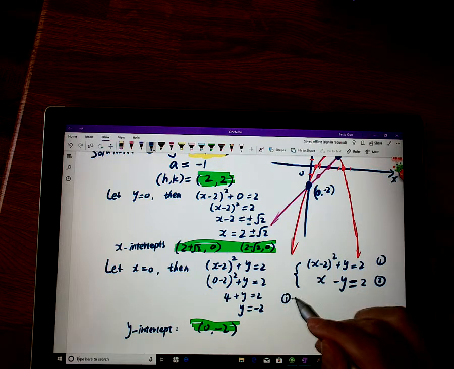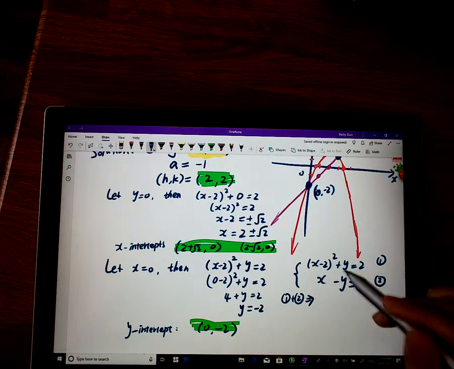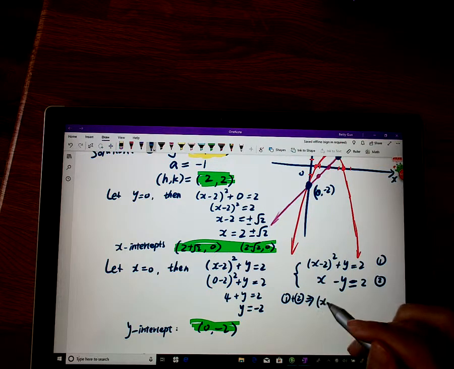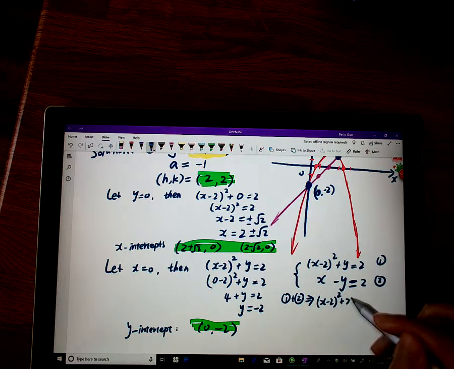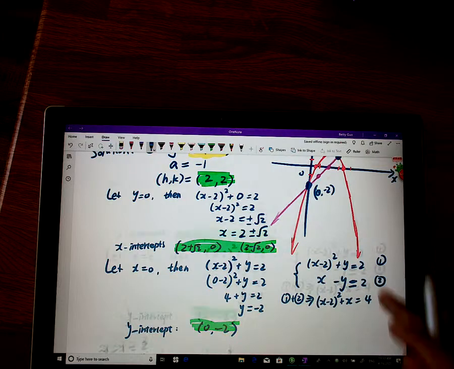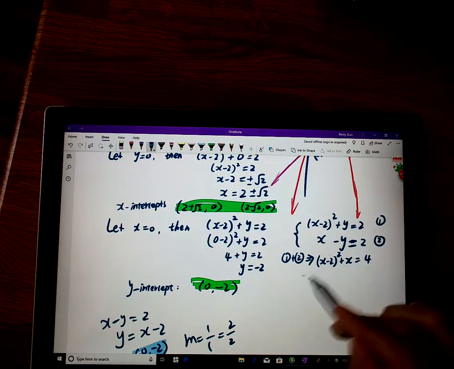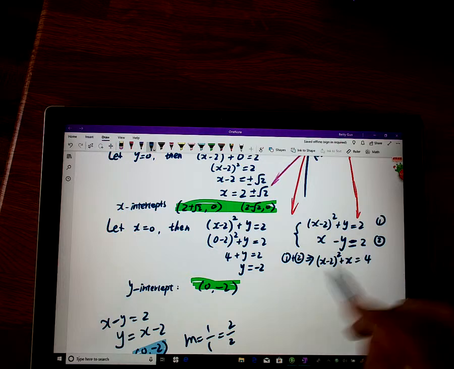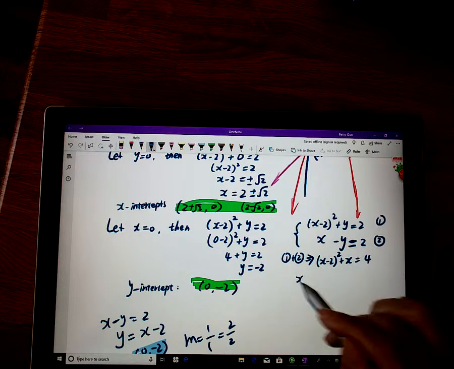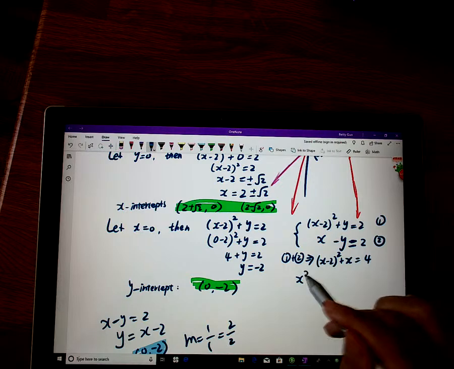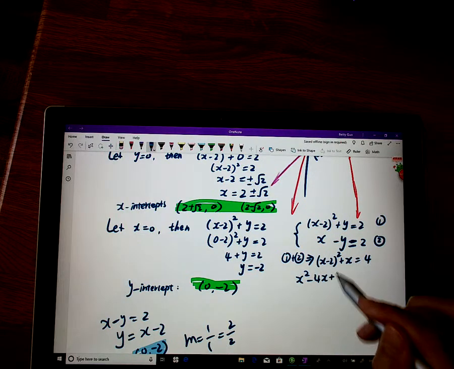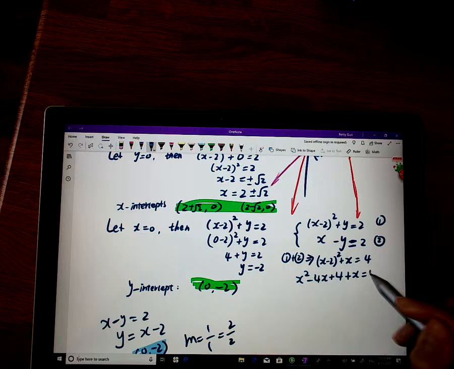So if we add them up, y would be cancelled. Then we have (x minus 2) to the power of 2 plus x equals 4. 2 plus 2 is 4, right? And then let's solve this equation. If we FOIL, I'm going to leave this for yourself, okay? (x minus 2) squared gives us a quadratic trinomial. x squared minus 4x plus 4 plus x equals 4.